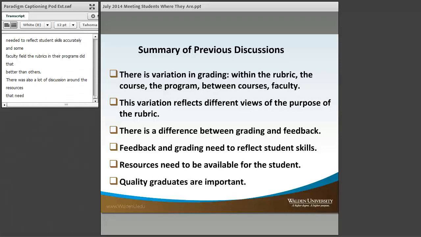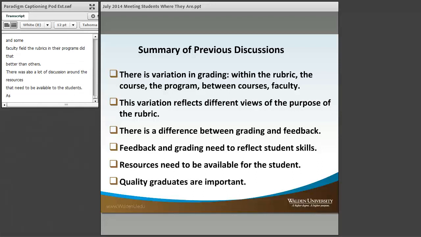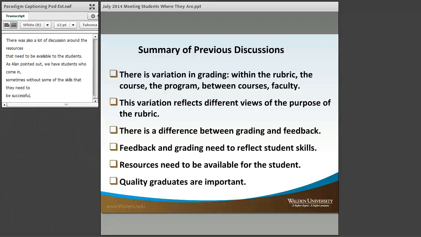As Ellen pointed out, we have students who come in sometimes without some of the skills they need to be successful, and having those resources available from all the different departments and centers within Walden was an important priority for the faculty. It would be the best word.